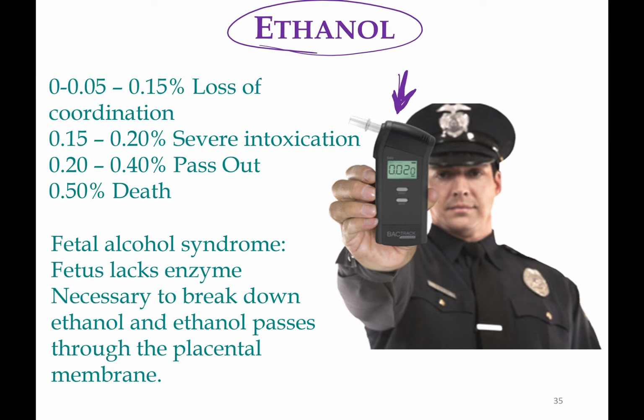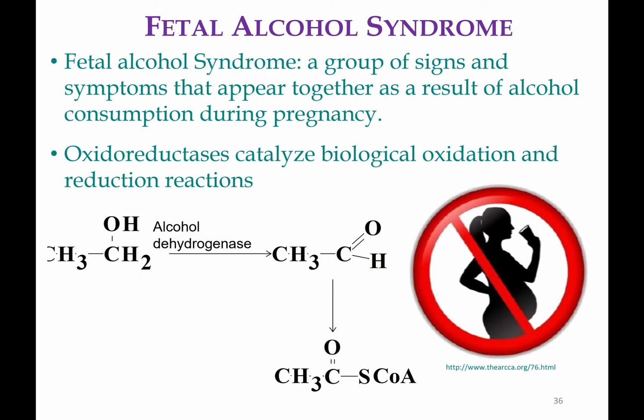So what happens when a fetus has been exposed to alcohol? They actually lack the enzyme that's necessary to break down ethanol, and ethanol passes through the placental membrane. So it does affect their ability to process the alcohol. There's a syndrome called fetal alcohol syndrome, FAS, and it's a group of signs or symptoms that appear as a result of somebody drinking while they were pregnant.